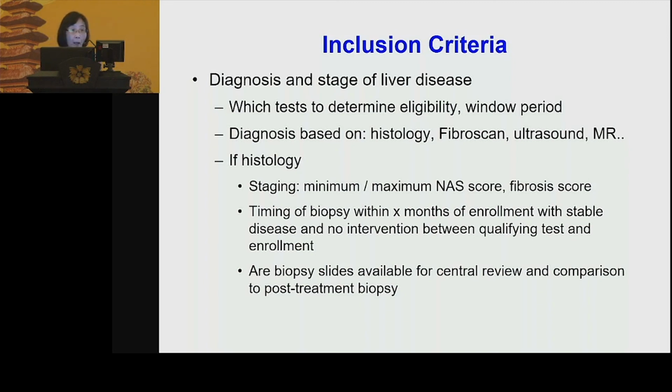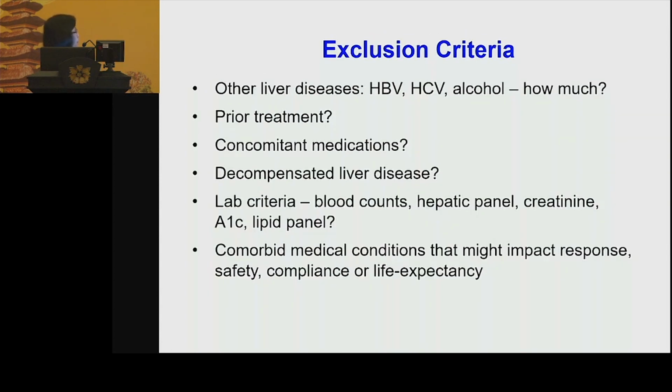And are you intending to have central review of all the biopsies? If that's the case, you need to be sure that if a historical biopsy is going to be used for qualifying a patient, am I going to be able to get access to those slides? If I can't get access to those slides, the central pathologist cannot read it, and that patient ultimately cannot be counted. So these are practical things that you need to think about.